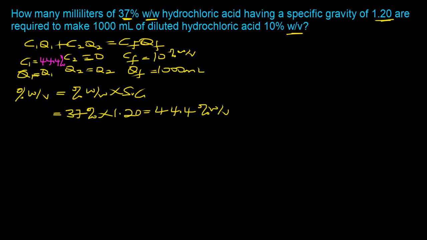So now our work becomes really straightforward and easy. What we're going to have is C1 to be 44.4 times Q1, which is what we are looking for, plus C2 Q2, where C2 is 0 times Q2, and that should be equal to your 10% times 1000.